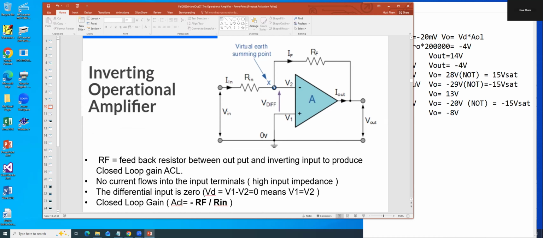So that's why the current goes to that point. It has to go up, okay? Go up to RF and go to the output here. So they already told you, if you want to calculate the gain of this inverting amplifier, it will be minus RF over Rin, okay?